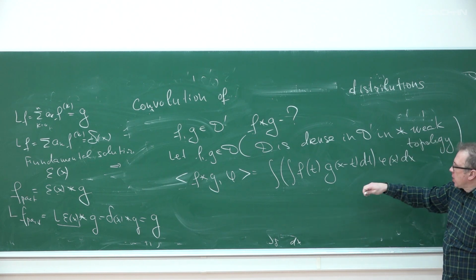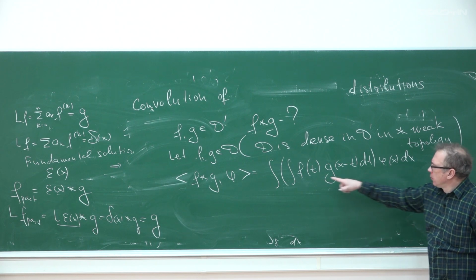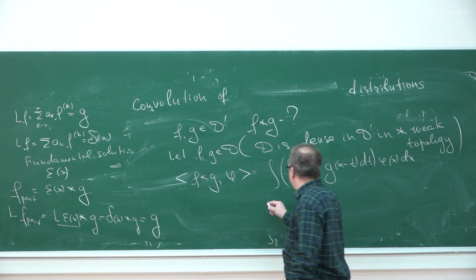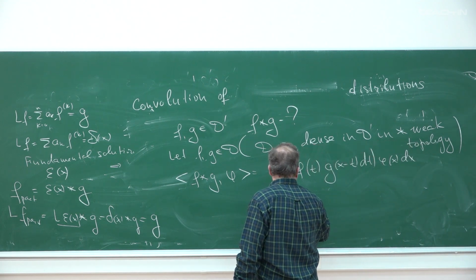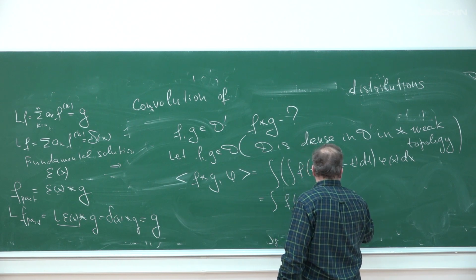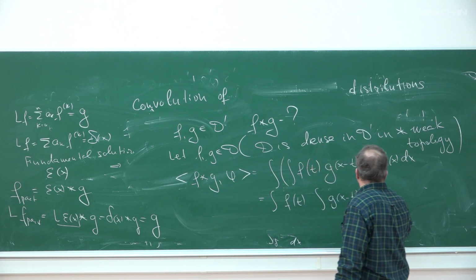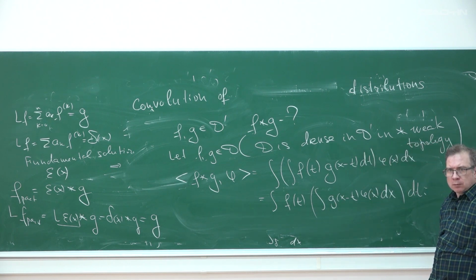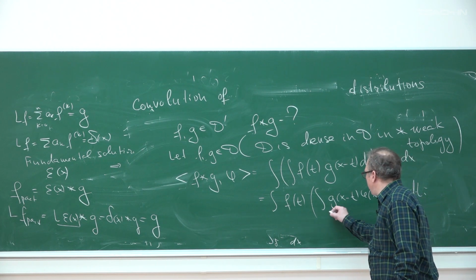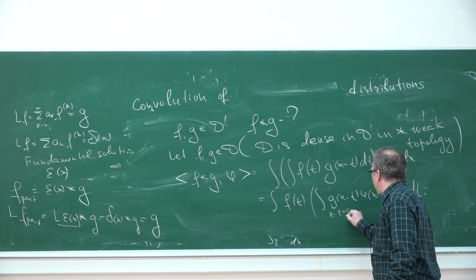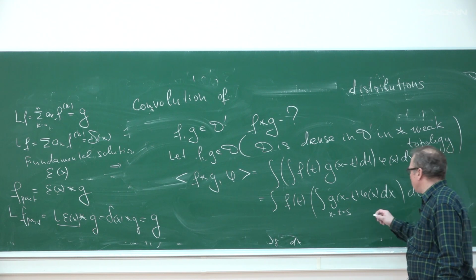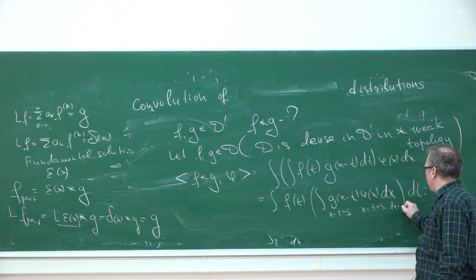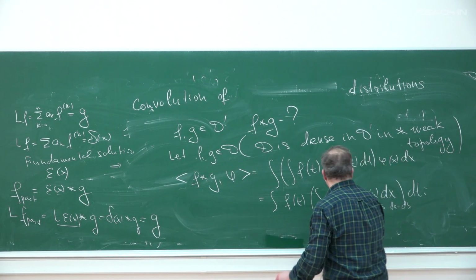Then, of course, since this is from D with finite support, the Fubini theorem is valid. Use the Fubini theorem, you can write it as f of t. Here you use the change of variables, x minus t equals s. Then x equals t plus s, dx equals ds. You can write it as following.